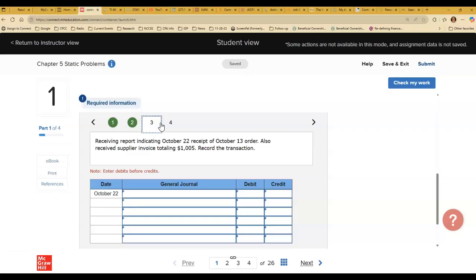Try to imagine a shipping dock, right? The folks at the shipping dock are going to open that box, and they're going to check the count from the report that was on the outside of that box. They're going to count that and make sure that it matches.